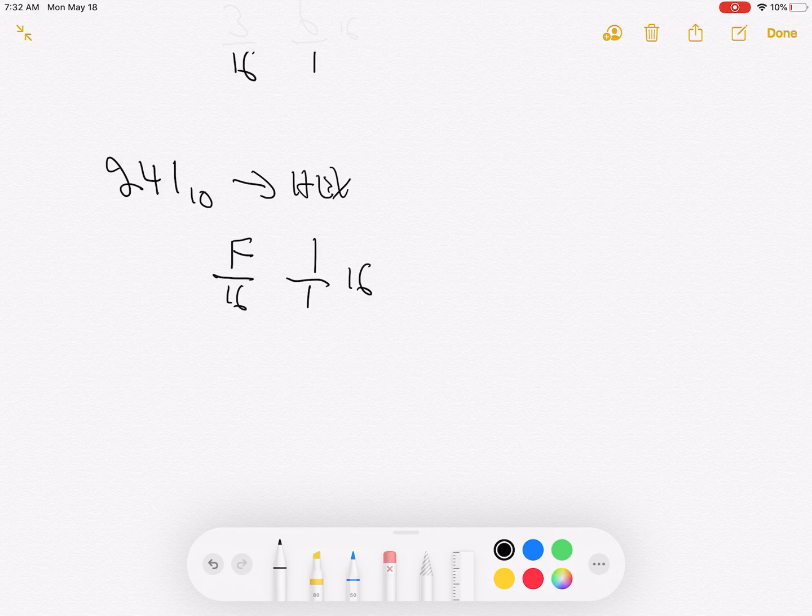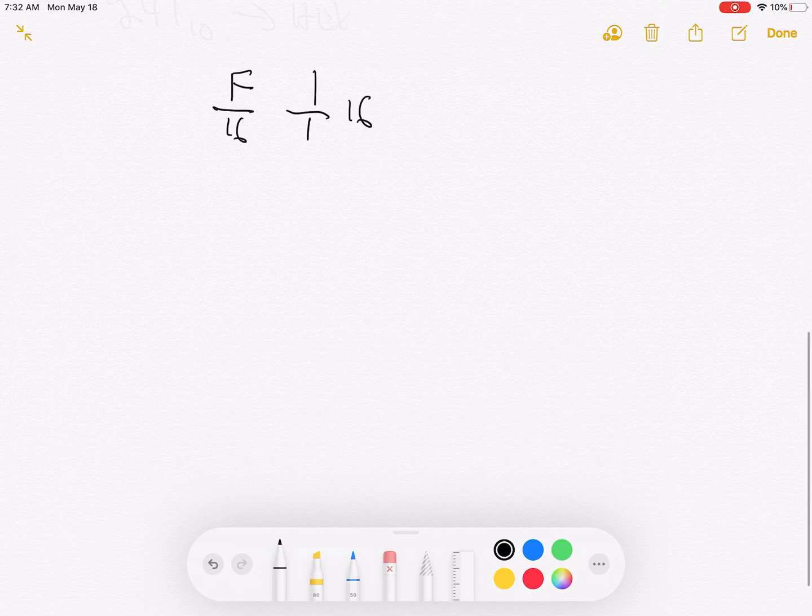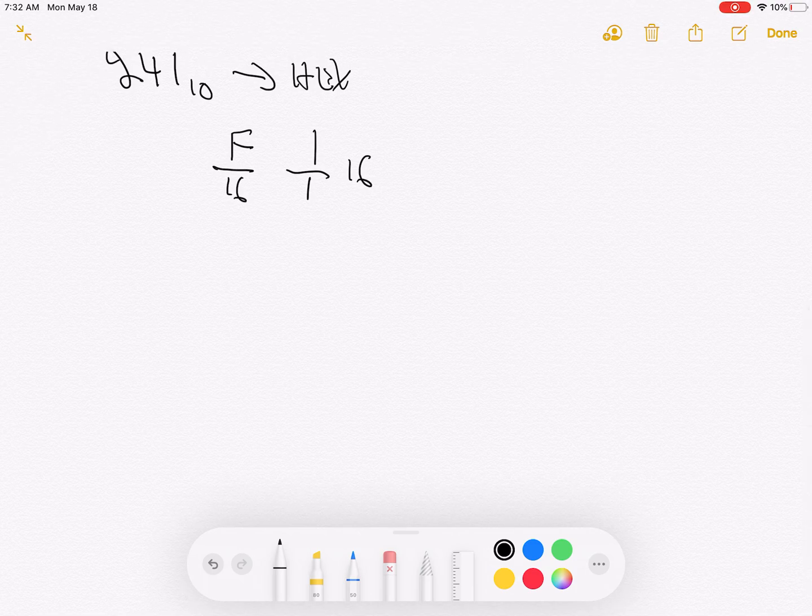Now, if I had a bigger number, I'll do a bigger number for you now. Let's take 273, base 10 to hex.